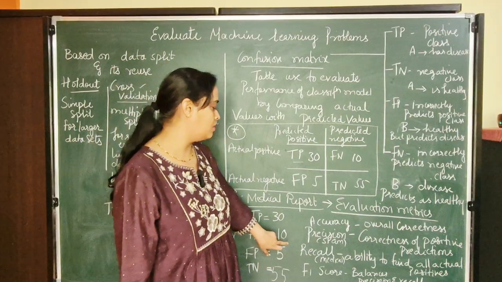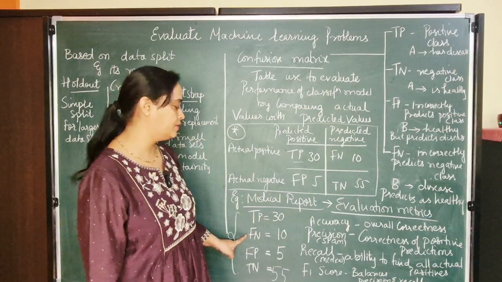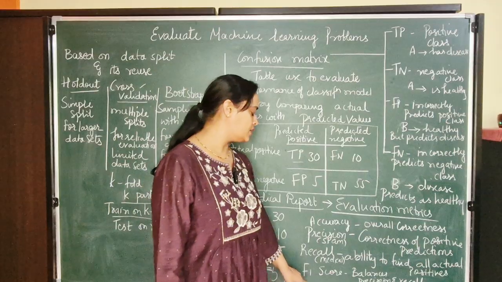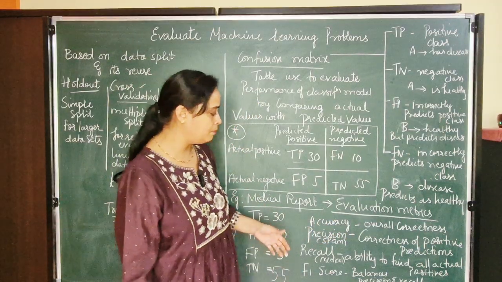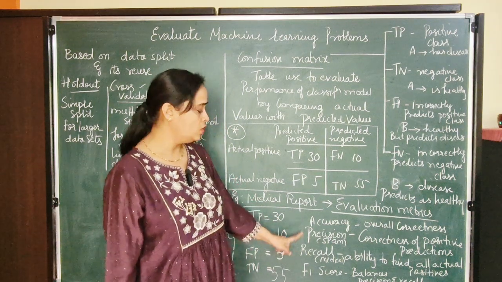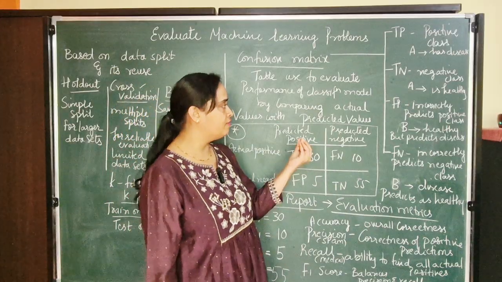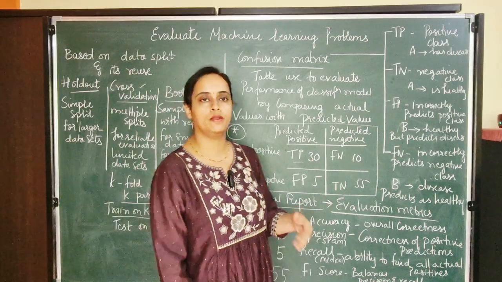The last is the F1 score, the metric that tries to balance both precision and recall. These are the parameters we use to evaluate a machine learning model. Next, when we take up the problems, it will be more clear.